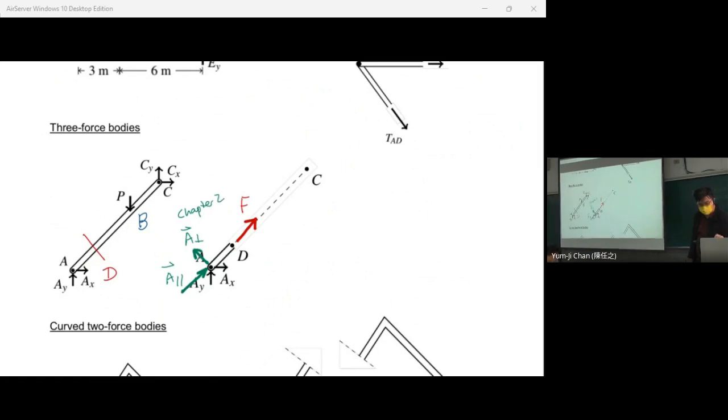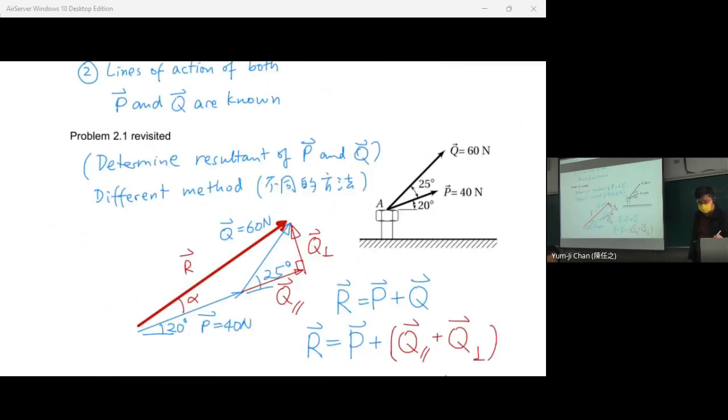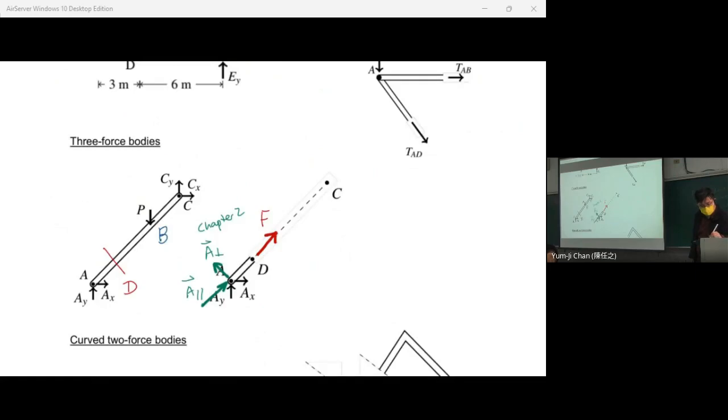Like on page what? 1, 2, 3, 4, 5, 6, 7, 8. On page 8. Forces can be written in the parallel and perpendicular direction. So this is page 8.